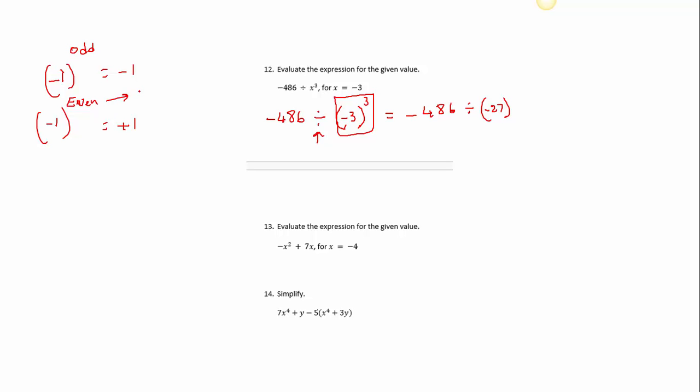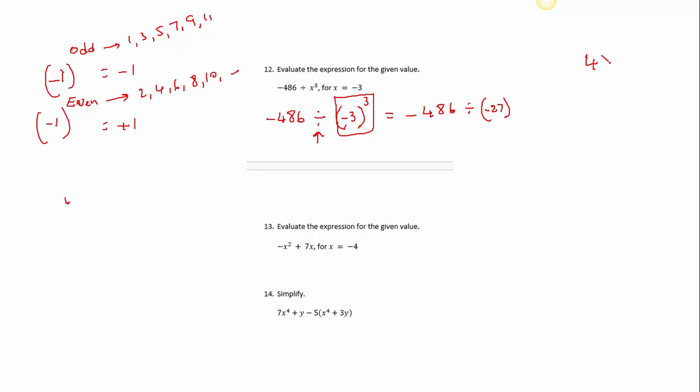By even number, I mean 2, 4, 6, 8, 10, etc. By odd number, I mean 1, 3, 5, 7, 9, 11. So raising a negative to an even number makes it positive. Raising a negative to an odd number keeps it negative. So negative 3 times negative 3 times negative 3 is negative 27.